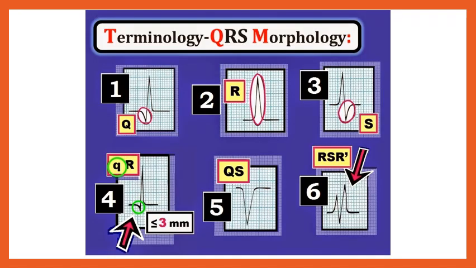Now, when you look at all of these QRS complexes, you have to admit, when we see them clinically, we'll look at all of them and say, oh, there's a bunch of QRSs. But now we have to refine our language a bit, and take a look at the component parts.